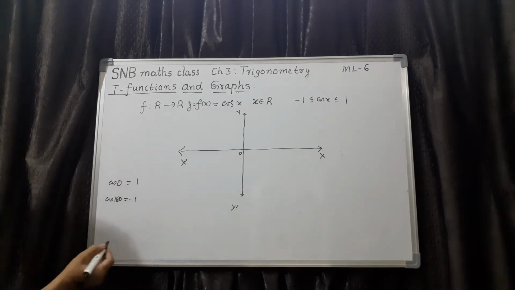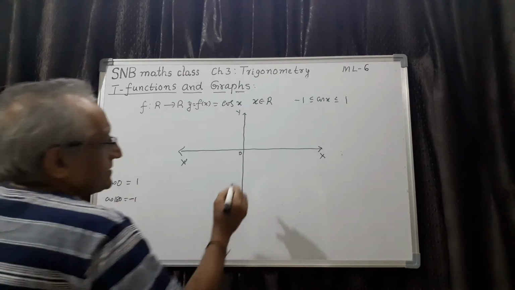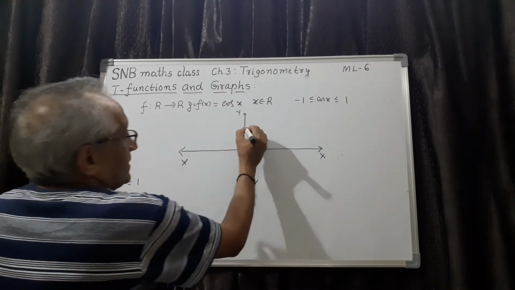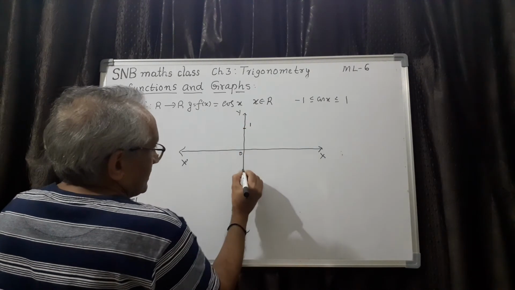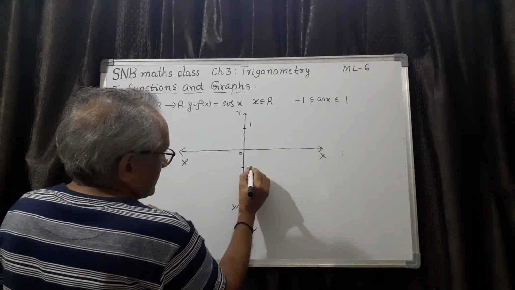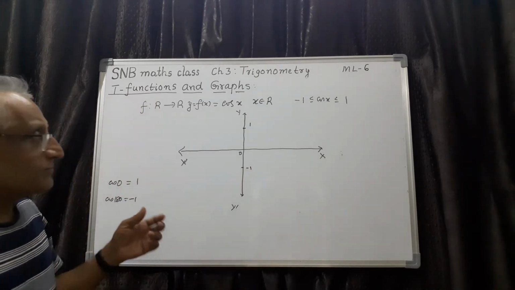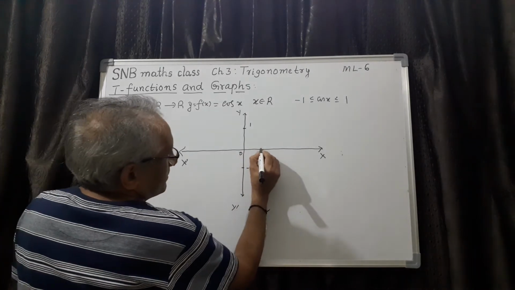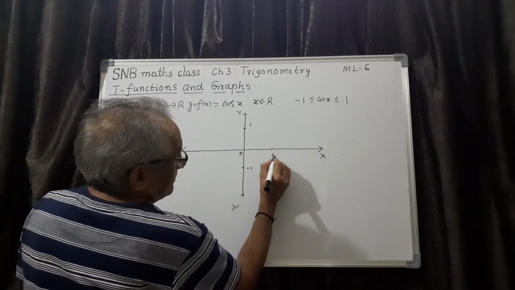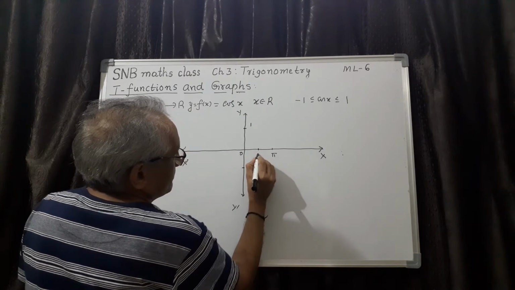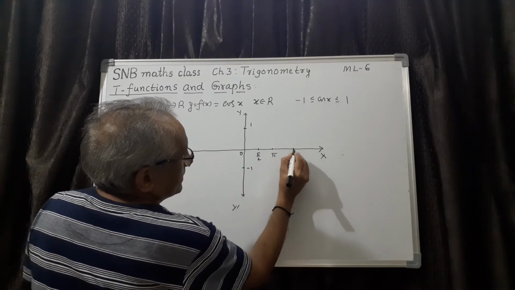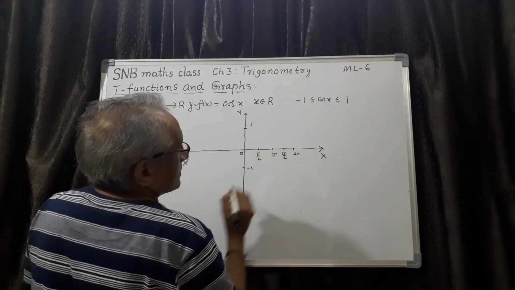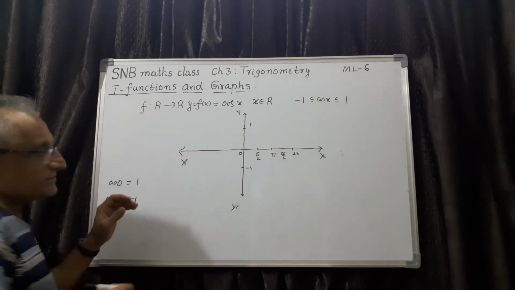So this also oscillates between +1 and -1. Therefore, I have to take 1 here and -1. Then, as before, first you locate where it cuts the x-axis. For example, if you take pi, I am taking radians, this is pi by 2, half of that. This is 2 pi, and this is 3 pi by 2. And we can do the same thing on this side also.